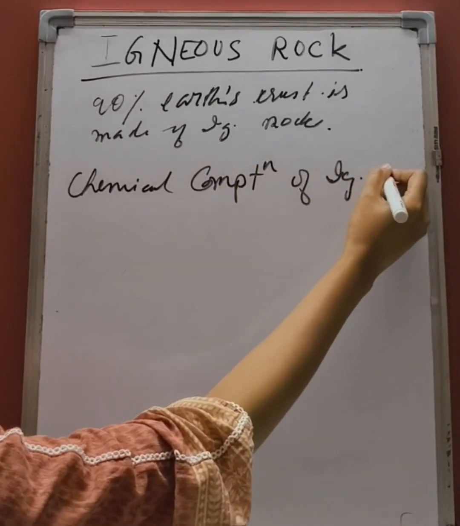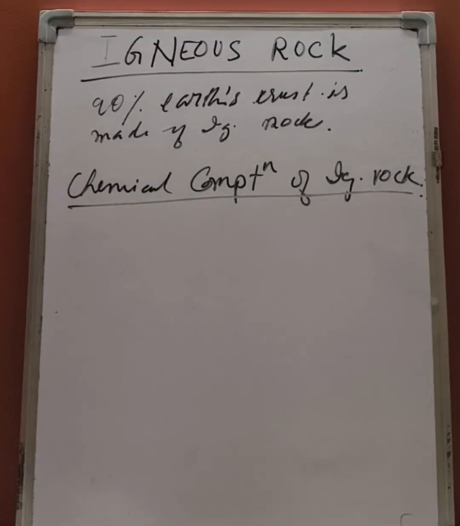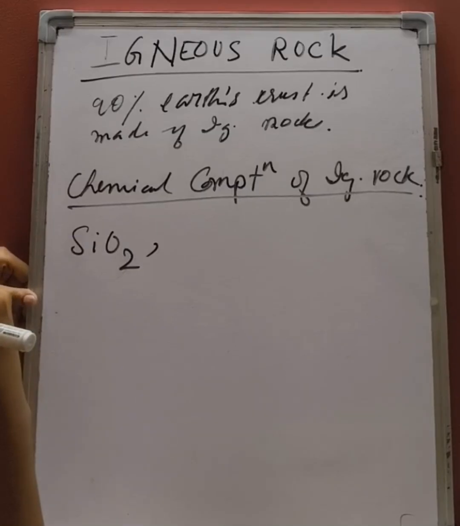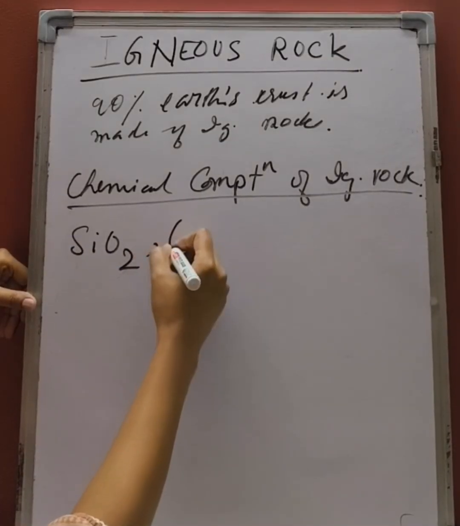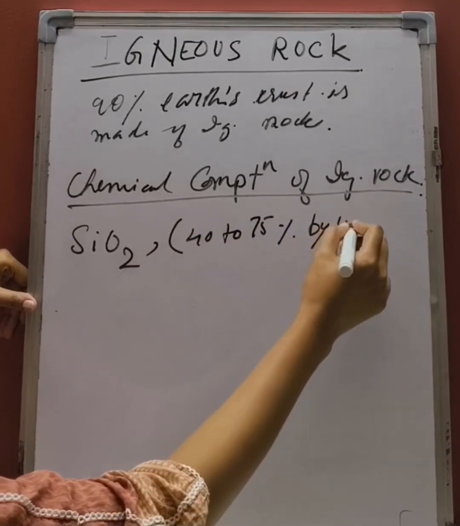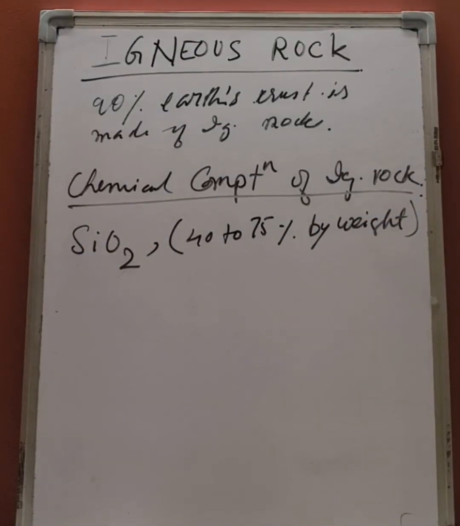There are many components in igneous rocks, like SiO2, which forms a major part, around 40 to 75% by weight. 40 to 75% of the igneous rock is made up of this oxide, which is the largest component.